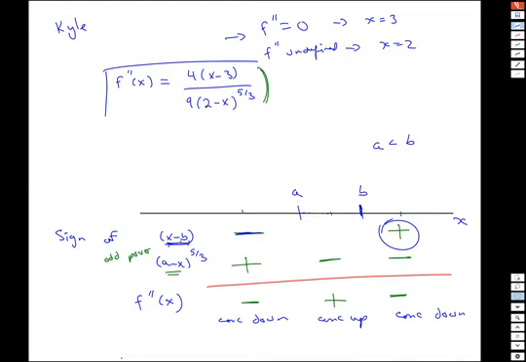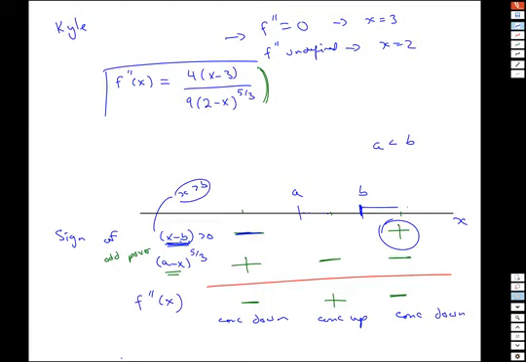I don't know how better to express what's actually going on in the mental process there, but that's literally it. All the expressions we're looking at tend to be of the form: is x bigger than b or is x less than b? Actually, that's maybe a better way to do it. I'm interested in if this is larger than 0. That's going to be the case if x is larger than b.